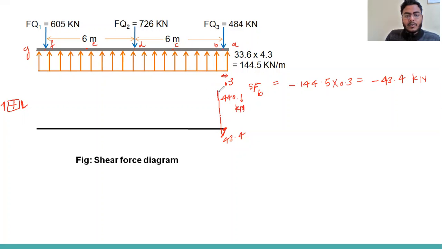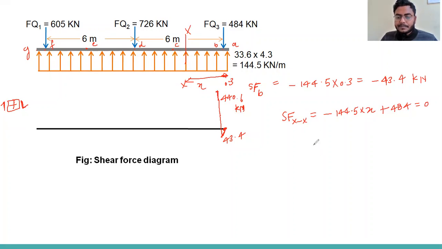Now again, there is a UDL, so it will vary. So we will calculate shear force at this point, at distance x, to see where the shear force is 0. This distance from the left side is x. So shear force at x will be minus 144.5 into x plus 484 equal to 0.